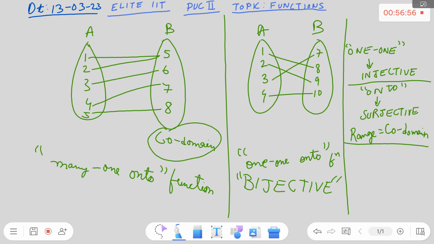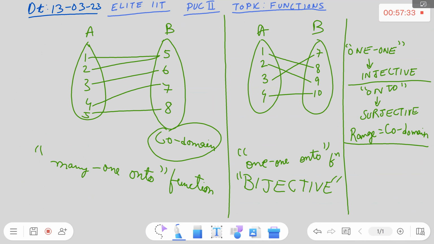The set of factors of 6, which is 1, 2, 3 and 6, is finite. The set of factors of any finite number is finite, the set of factors of 100 will be finite, right? So if my two sets are finite and I am saying that there exists a bijective function between those two sets, then can you tell me anything regarding the number of elements of those two sets?